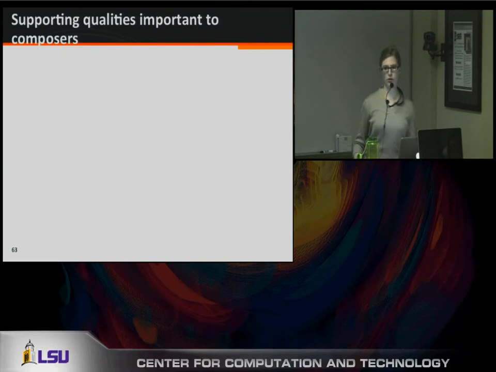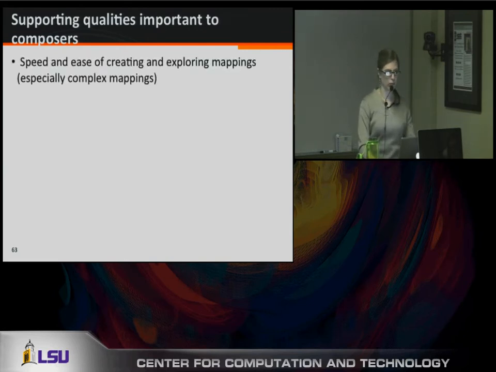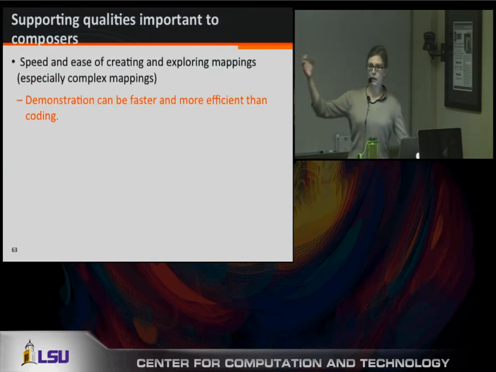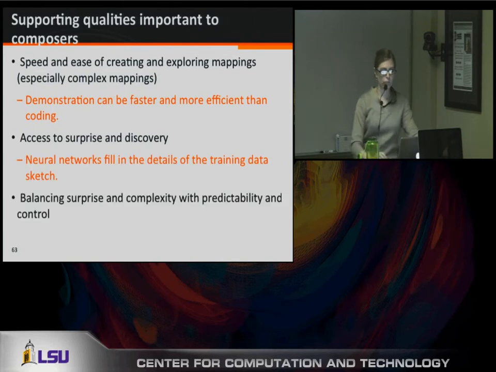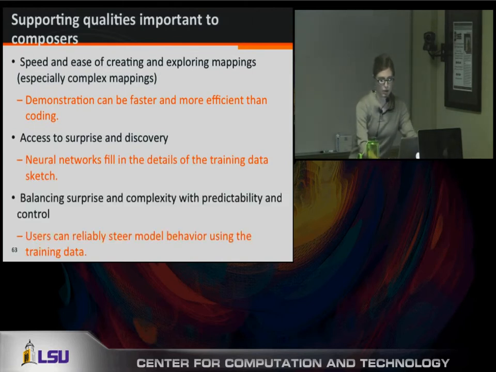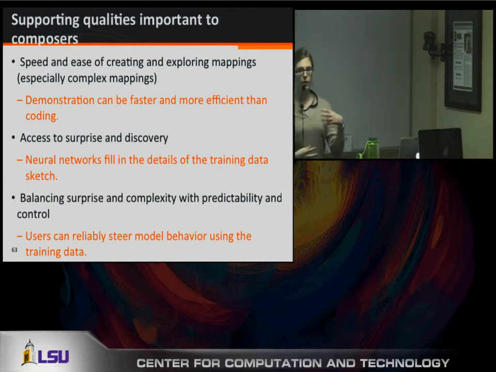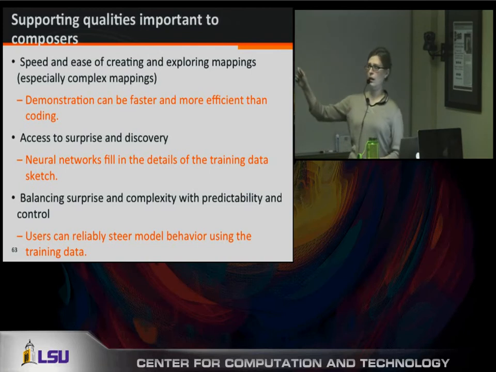And looking at these and other feedback that we've gotten from composers, we can pull out certain things that are important to composers, like the speed and ease of creating and exploring mappings, access to surprise and discovery, and balancing surprise and complexity with predictability and control. And here I'm really talking about expressive instrument building, not the sort of things that we're doing with the cabo. But here, again, interactive machine learning ends up being really useful as a tool for each of these things.